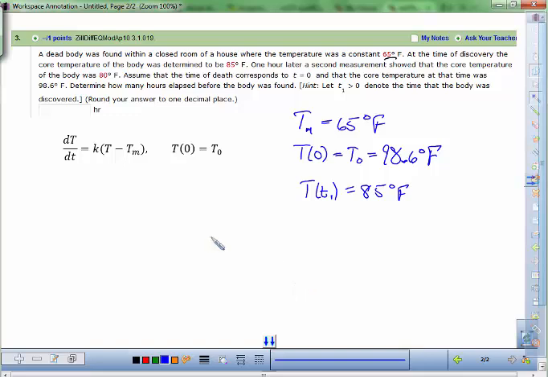And so at some time later, the temperature was taken again, and so it'll be T sub 1 plus an hour later. The temperature was taken again, and that was 80 degrees. So this is your setup information, and this will help us solve for the differential equation.